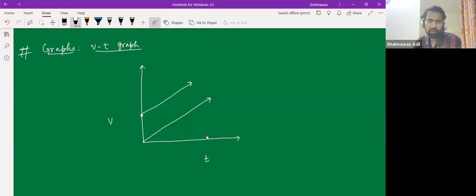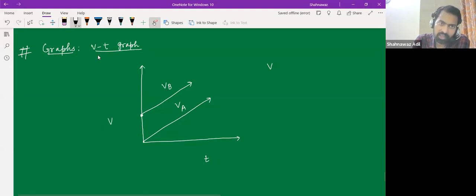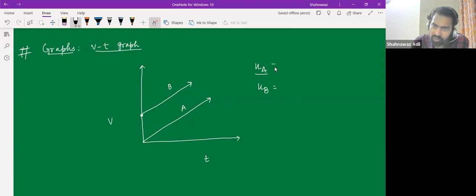Let's say this is A and this is B. So you guys tell me, who has the greater initial velocity? By looking at this graph, whose initial velocity is minimum, A or B?